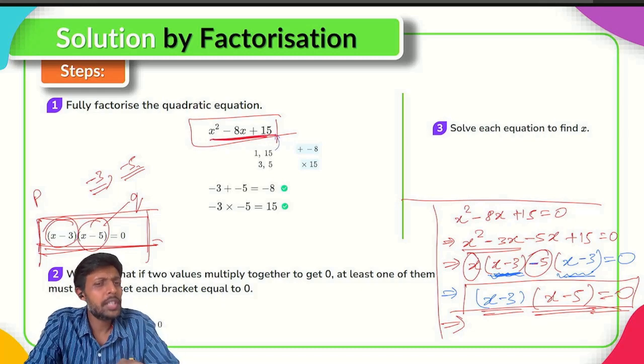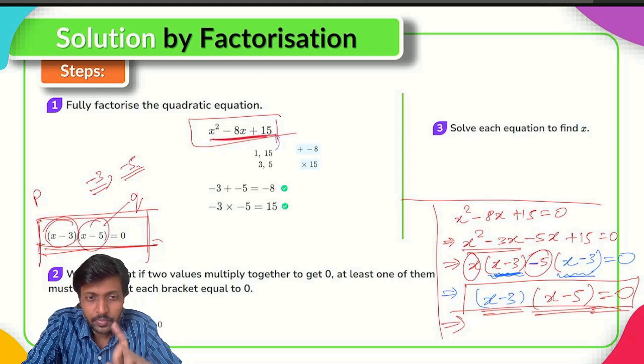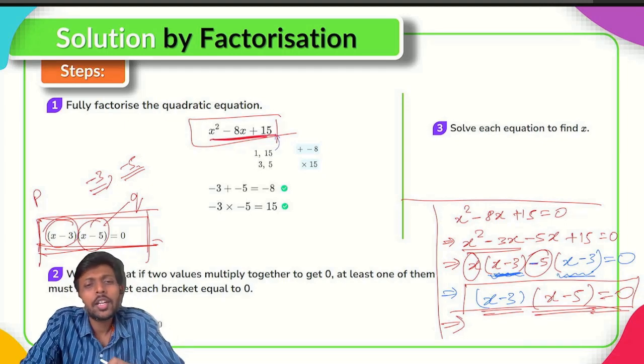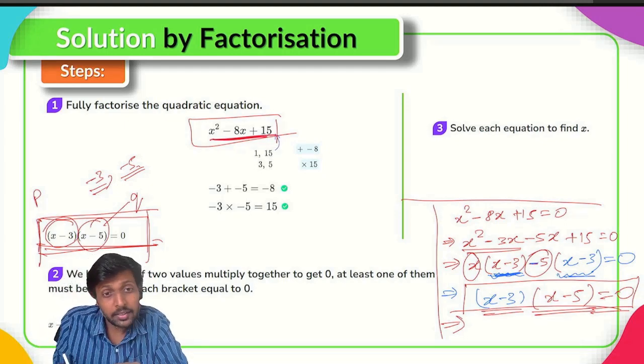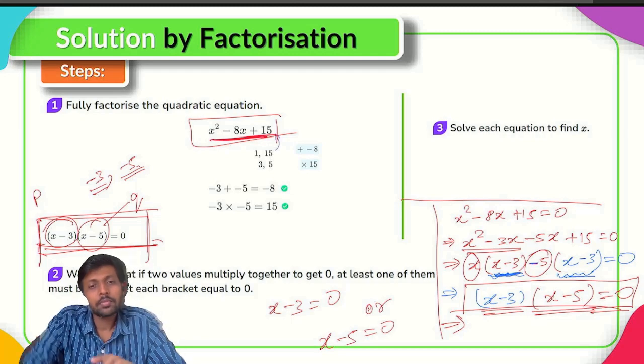But even if one of these two is 0, that will make the product 0. And that's why if x minus 3 into x minus 5 is 0, that means either x minus 3 is 0 or x minus 5 is 0.